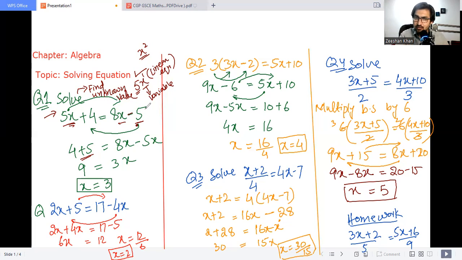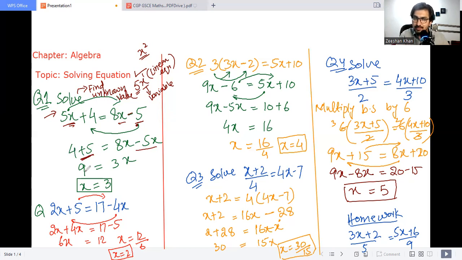So it is negative 5 here. When you shift this to the left side, you will write plus 5. And I will shift this plus 5x to the right side of the equality, so it will become negative 5x. So the sign will change every time you shift a number or a variable to the other side of equality.